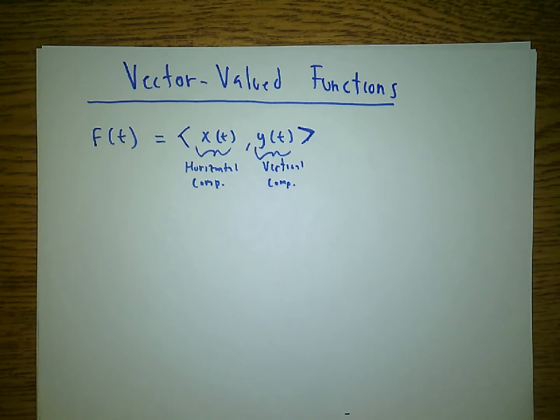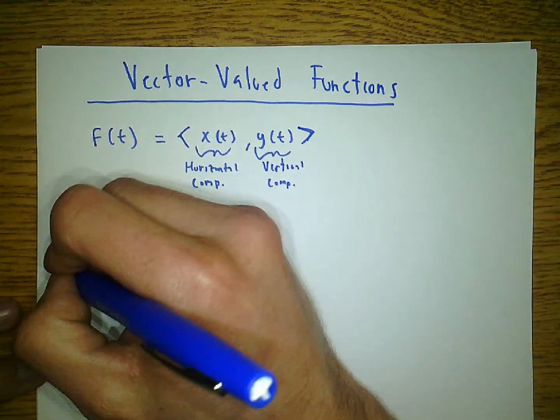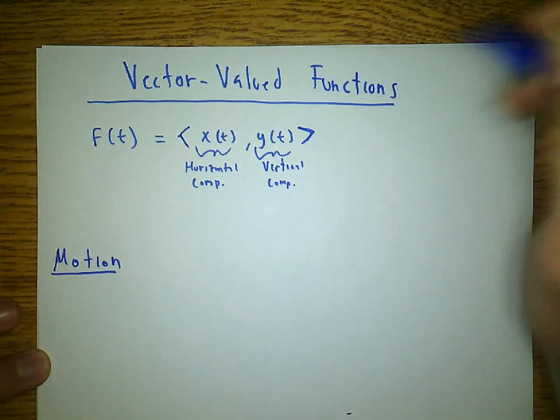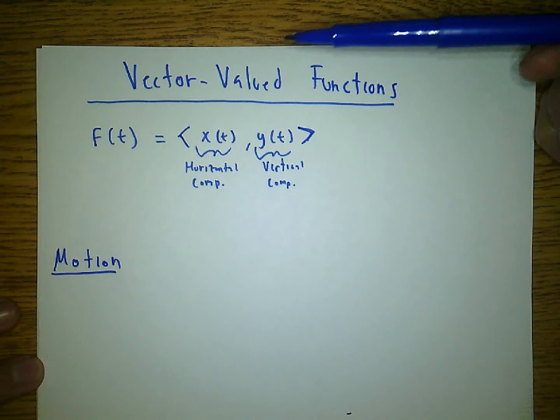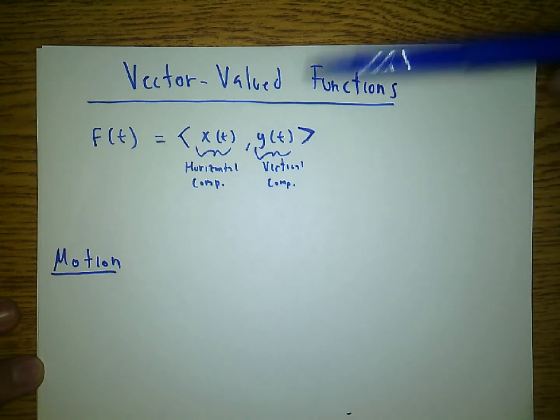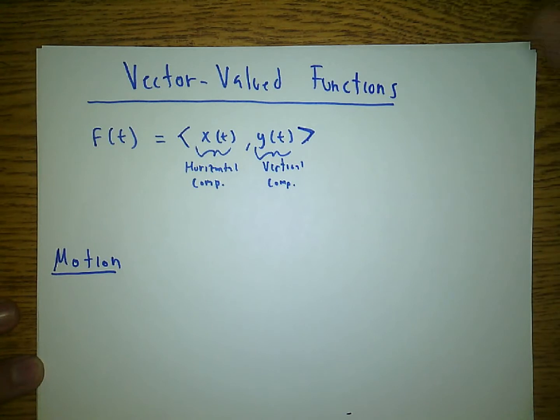Okay. There's a lot you can do with vector valued functions, but for this class and this class only, we will focus specifically on motion. We're going to talk about how vector valued functions can be used to describe motion. Now, before we begin the topic of motion, if you really think this through, if you have a function in x and you have a function in y, what does this remind you of that we've covered in the past?